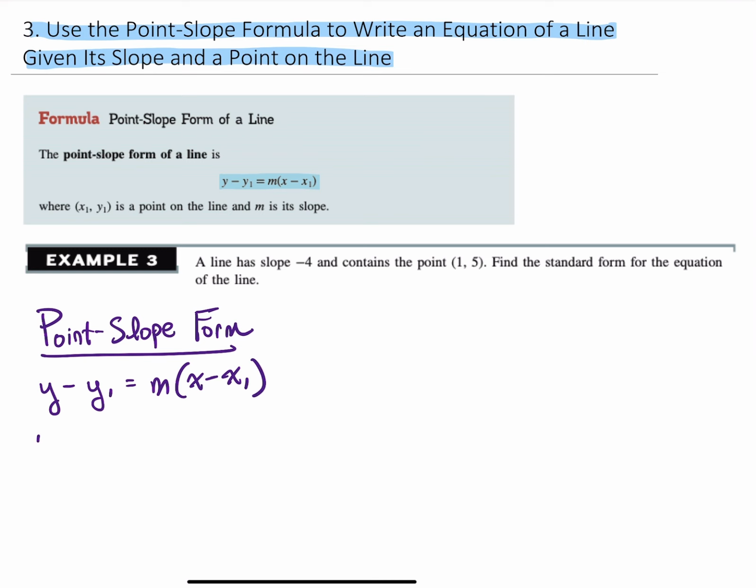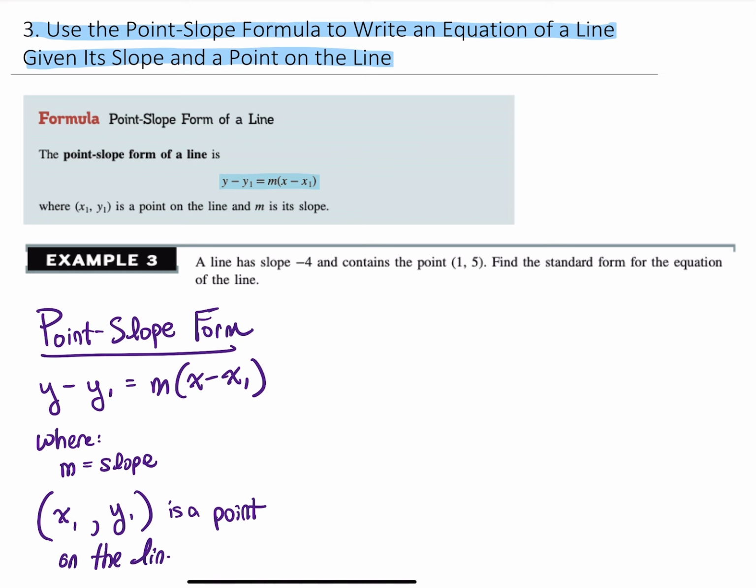And this is where m is still the slope, and (x1, y1) is just some point on the line. And this is really just coming from our definition of slope.